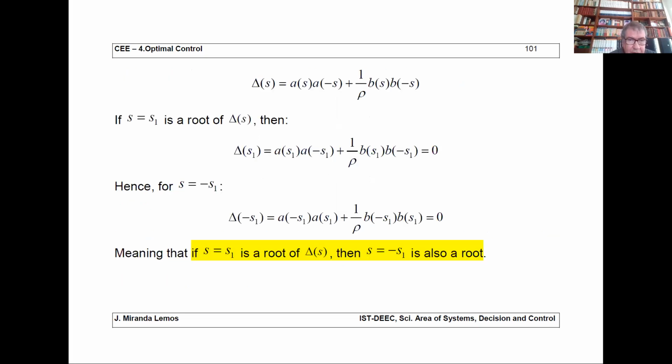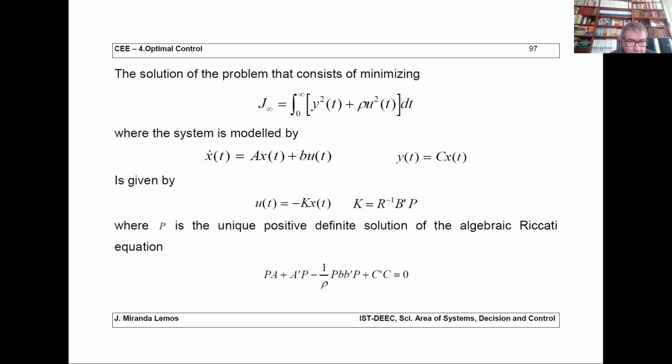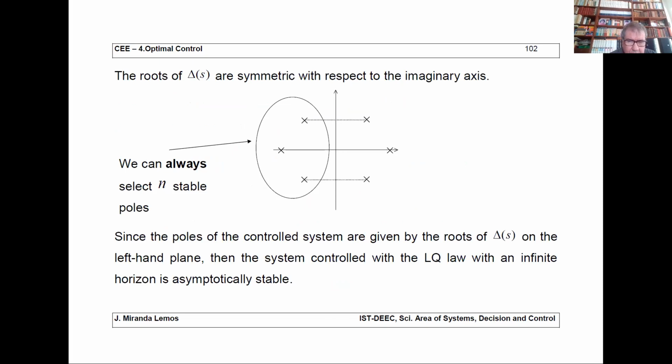Actually, a Lyapunov function, which is, let's go back a little bit, a Lyapunov function which is a quadratic form associated to this P. Okay, so it's a good exercise to show that the closed loop system with this control is asymptotically stable. Okay, maybe we have some time and we do it here, or maybe next week during one of the classes.